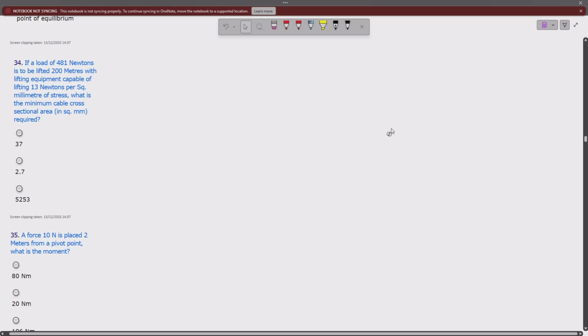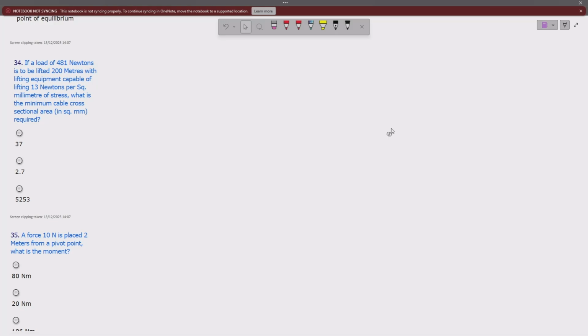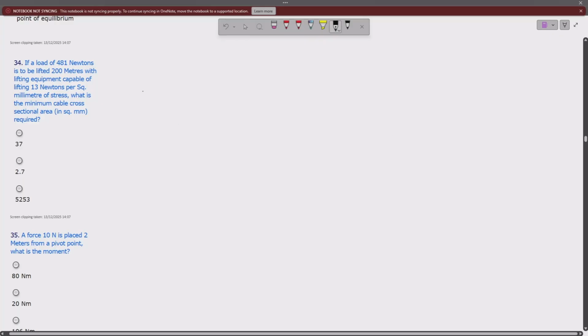Question 34. If a load of 481 newtons is to be lifted 200 meters with lifting equipment capable of lifting 13 newtons per square millimeter of stress, what is the minimum cable cross-sectional area in square millimeters required? So we know stress equals force over area.